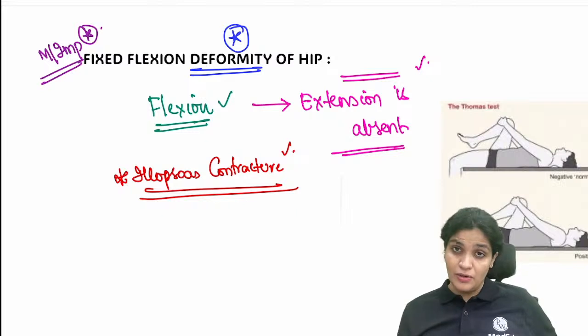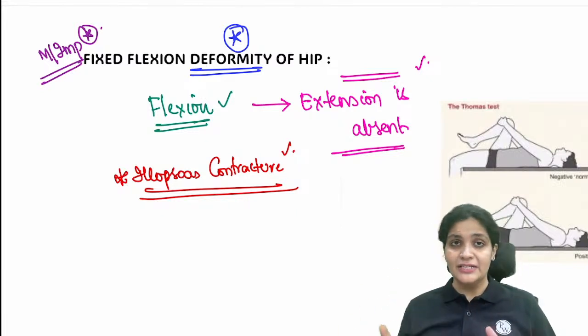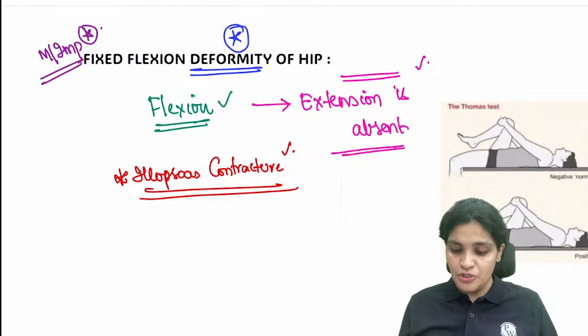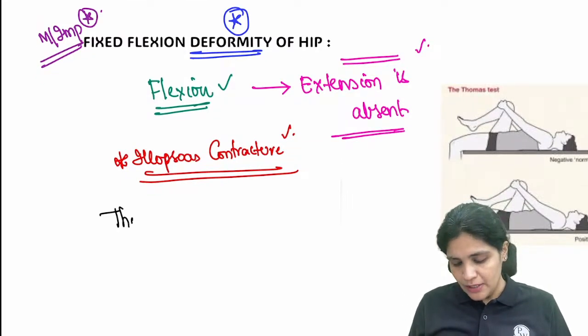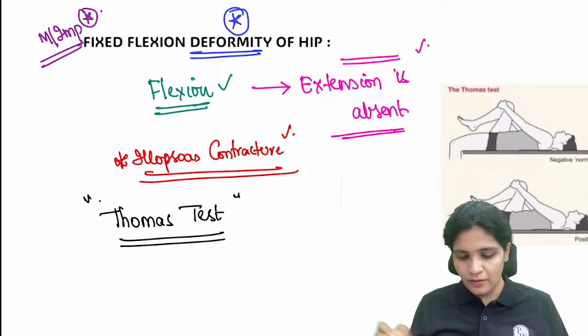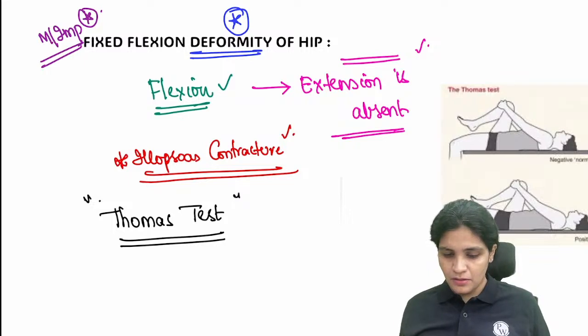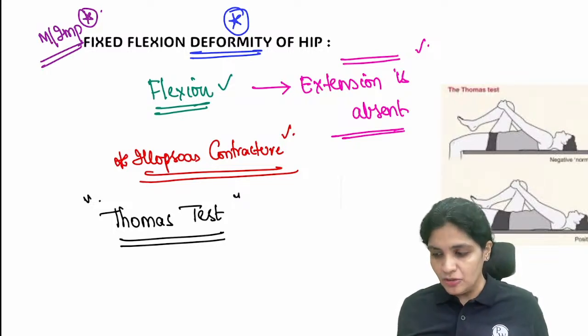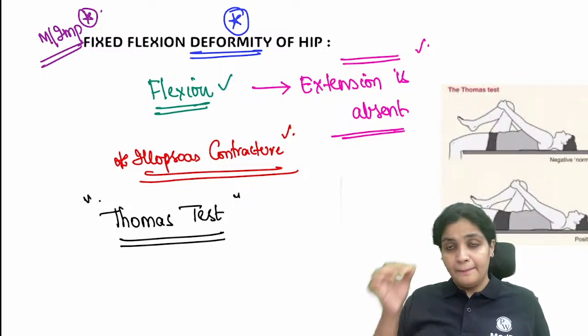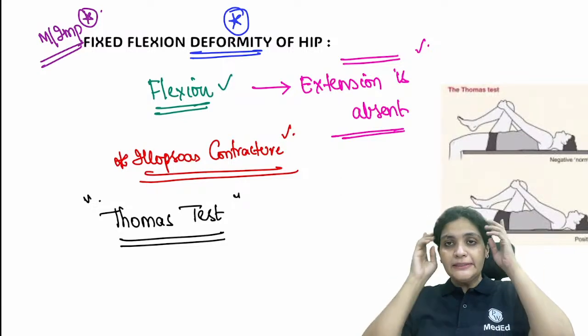So they can also ask you how to test the iliopsoas contracture or fixed flexion. The answer would be only one test which is very, very important for you. That is your Thomas test. Understood? So fixed flexion deformity, iliopsoas muscle or iliopsoas contracture, is tested by your Thomas test.